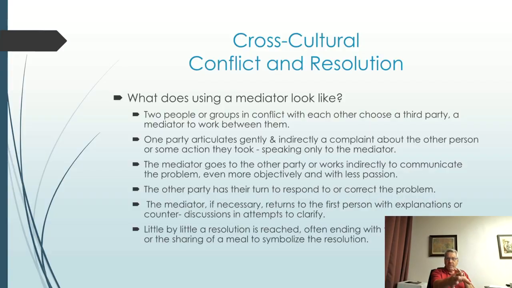And again, you see the second one, very gently and very indirectly tell the story of what's going on, tell the story of the complaint about the other person or some action that they took, but in a way that is never accusatory, never harsh, but just explaining to this mediator what is weighing upon them.